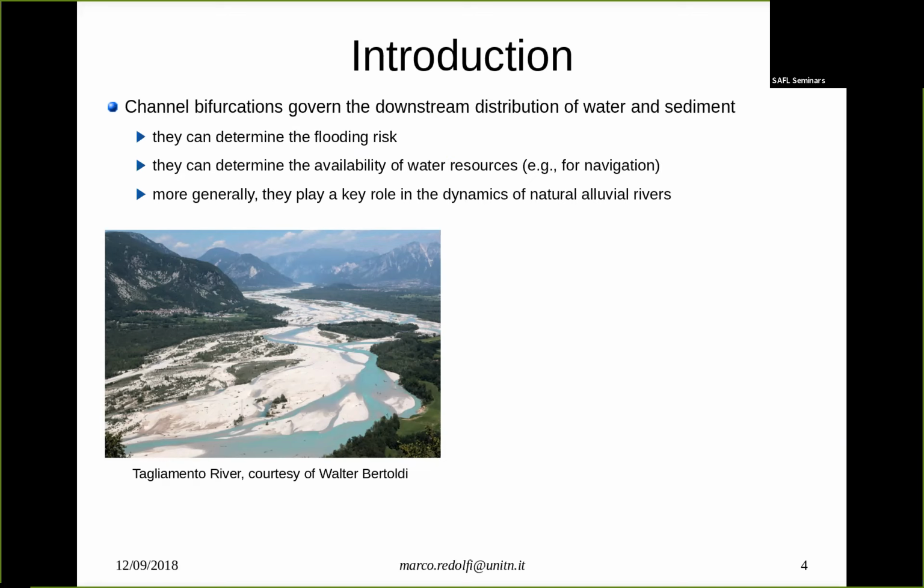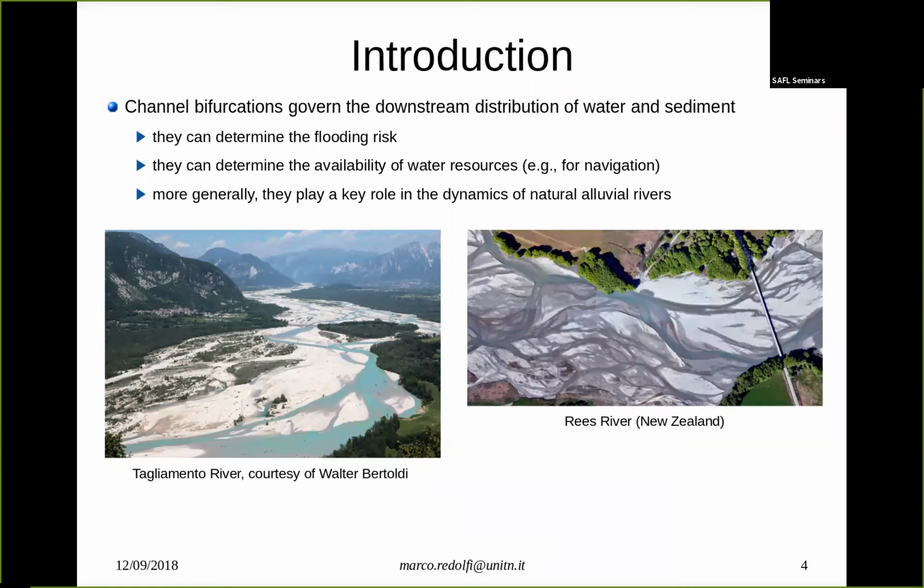As a consequence, they can determine the flooding risk and the downstream availability of water resources. More in general, they play a key role in the dynamics of an alluvial river. You can imagine a braided river like this: its dynamics can be sustained only via bifurcations.